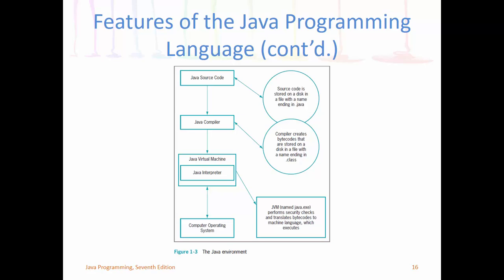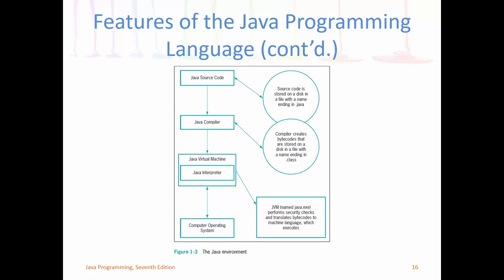All right. Let's take a real quick look at this diagram here and how the language works. You can see at the very top we have our source code. That's the stuff that we're going to type. The commands, the curly braces and semicolons and system out print lines and all those things that we're going to be doing. We'll take that source code, and once we think we're done with it, we'll compile it.